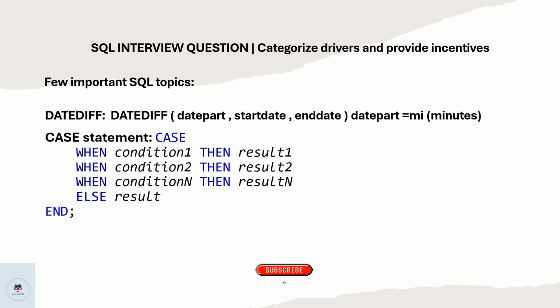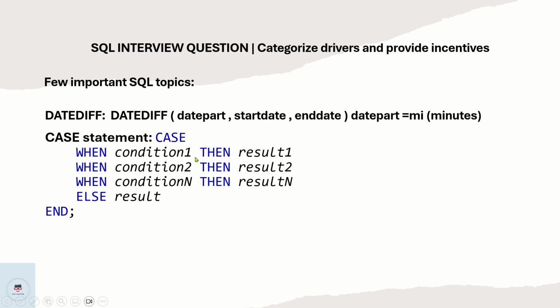And next is the CASE statement. The CASE statement is almost similar to an if-else. If you are coming from a C++ or Java background, it's almost similar to a switch statement. In a CASE, if condition one is true, then result one will be returned.